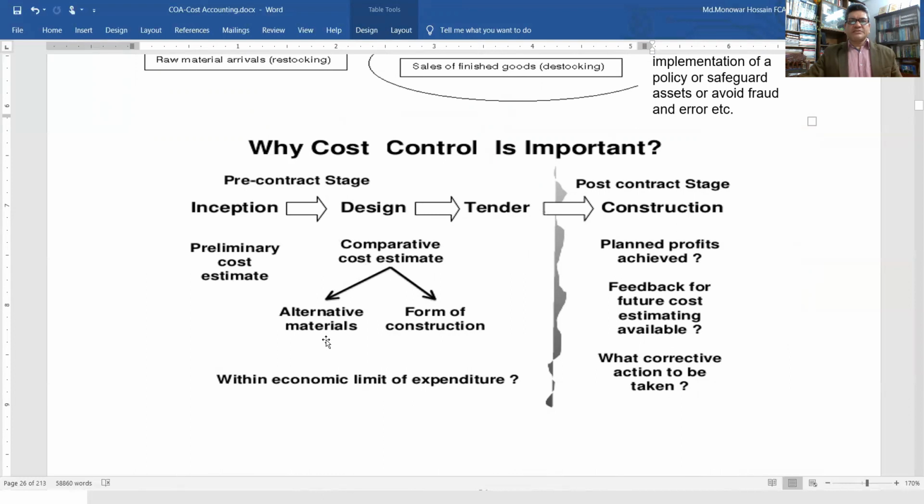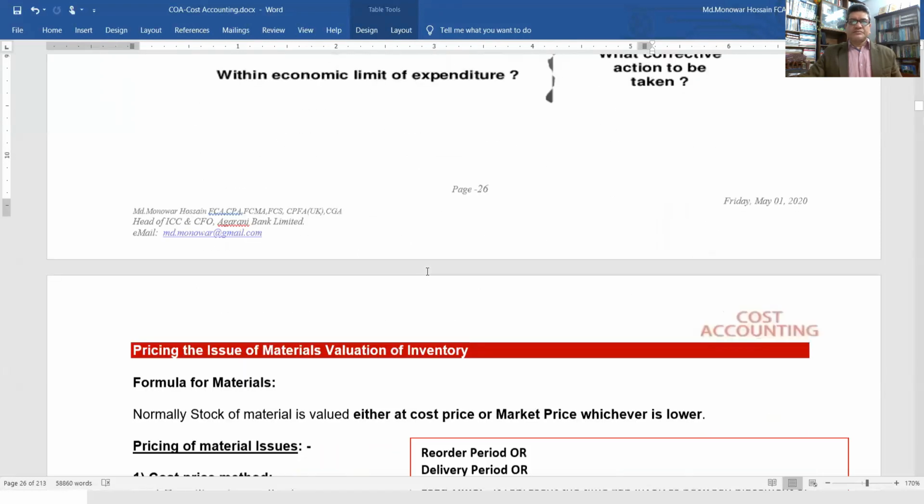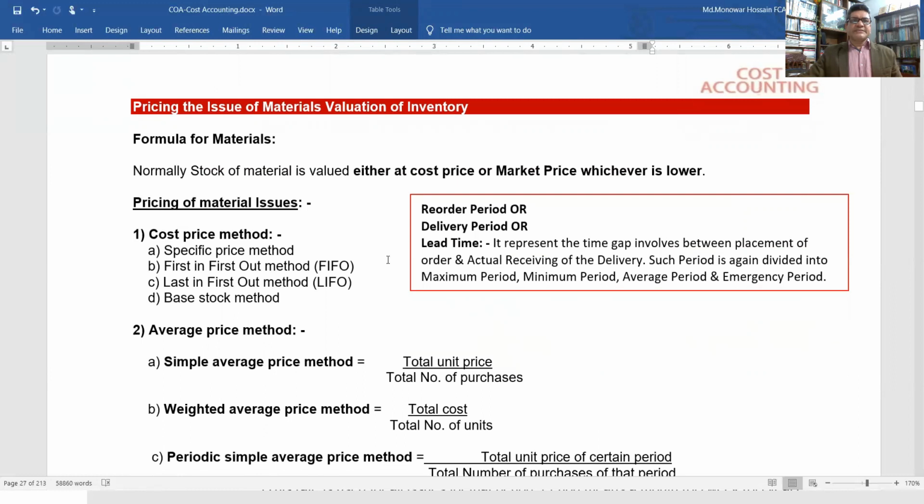Alternative materials can be found from sub-construction and tenders with an economic limit of expenditure. Then construction: has the planned profit been achieved, feedback for future cost estimation, and what corrective action is to be taken. If all questions are answered positively, then the control is better. So here, pricing, the issue of materials and valuation of inventory.